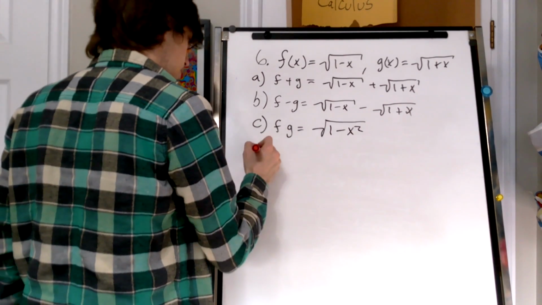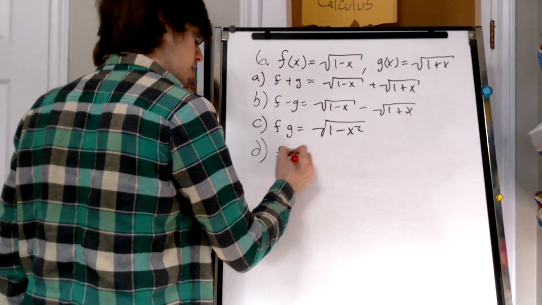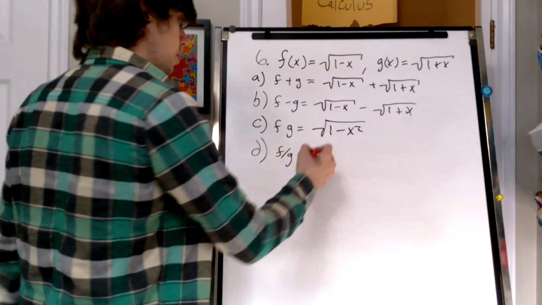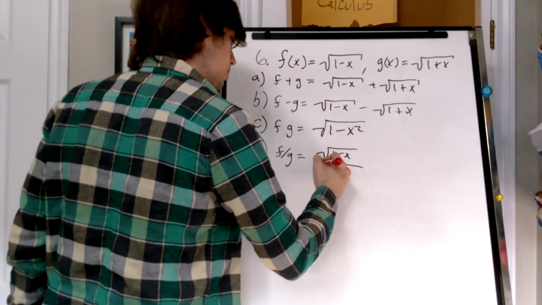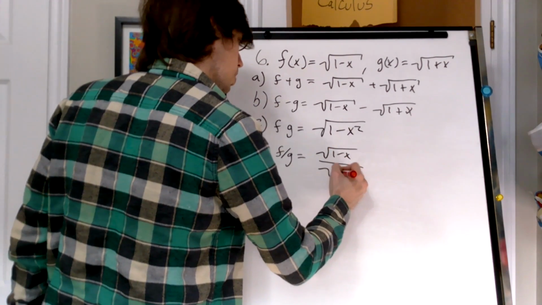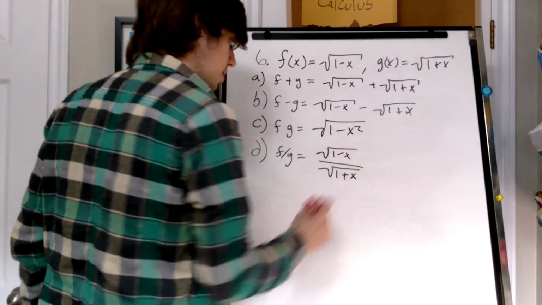Okay. D. F divided by g gives us square root of 1 minus x over square root of 1 plus x.